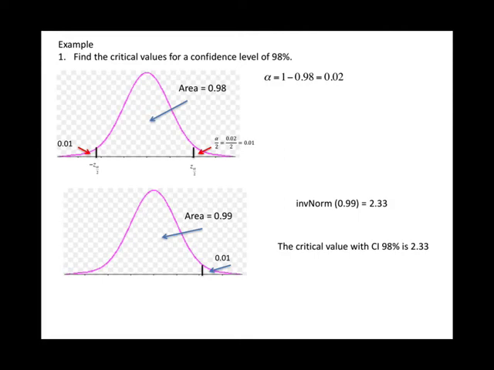Okay, now look at the second example here. Find the critical values for a confidence level of 95%. I want you guys to try to do it by yourself.